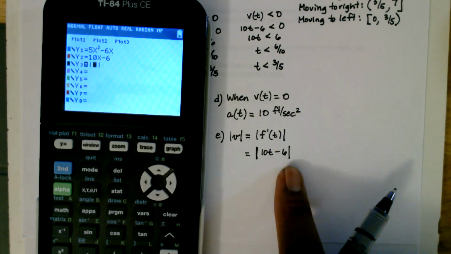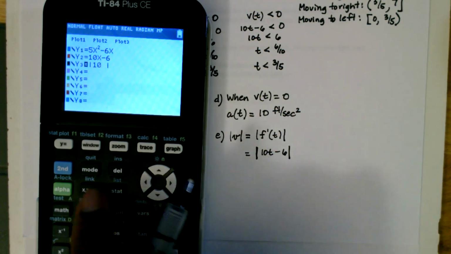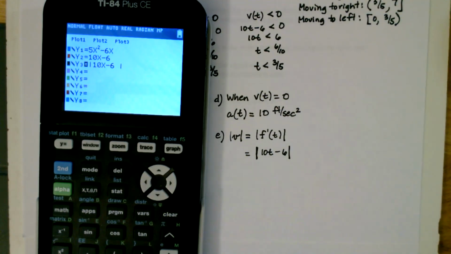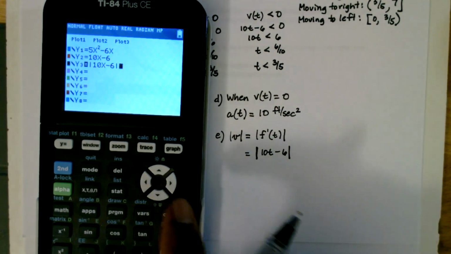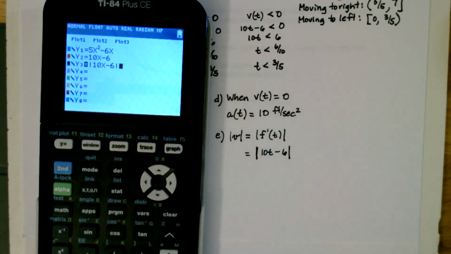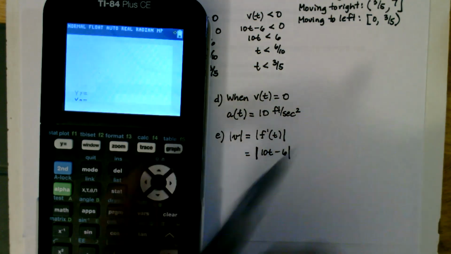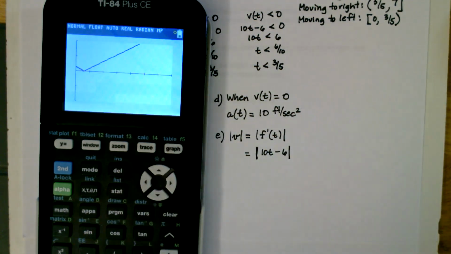And I'm going to enter 10t minus 6 as 10x minus 6. Use my right arrow key to get out of it. I'll go ahead and do the graph and see what happens.